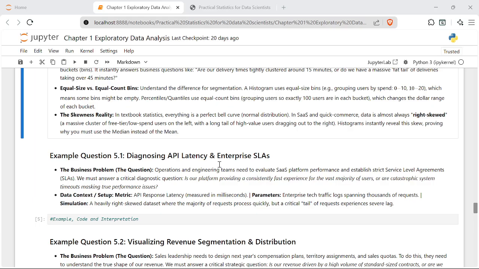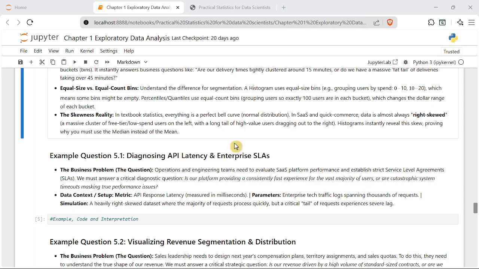Or are a few catastrophic system timeouts completely masking the true performance issues?